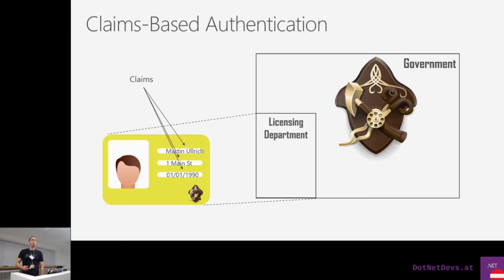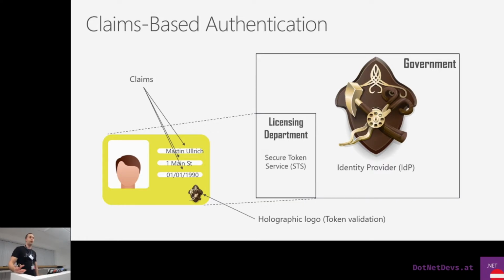This token has claims, like properties such as name, address, maybe age. And you would usually have some kind of verification, like, has this token really been issued by this identity provider that I trust? In the case of a driver's license, this is a holographic token. In IT, this is usually a security token, like an RSA-based signature.